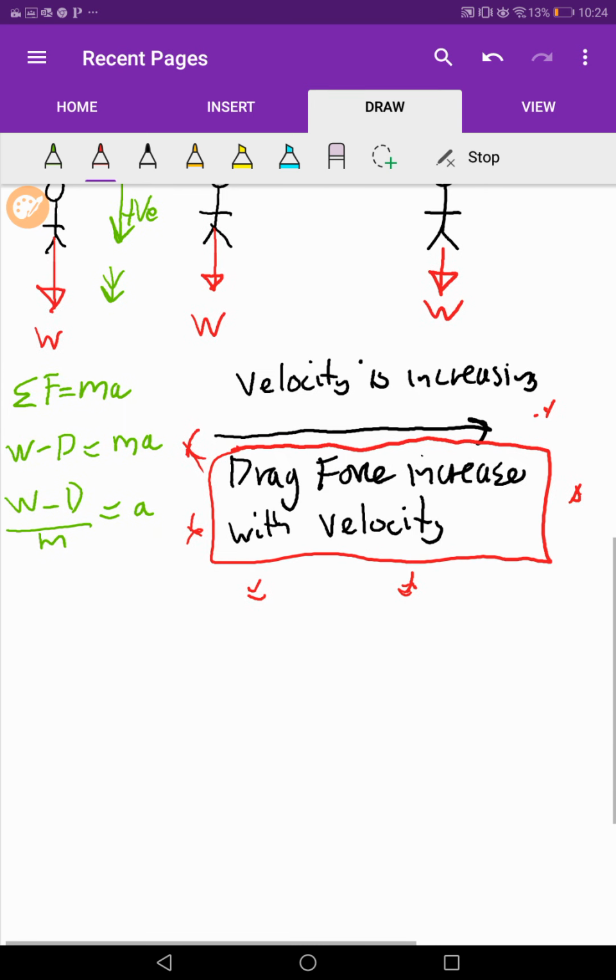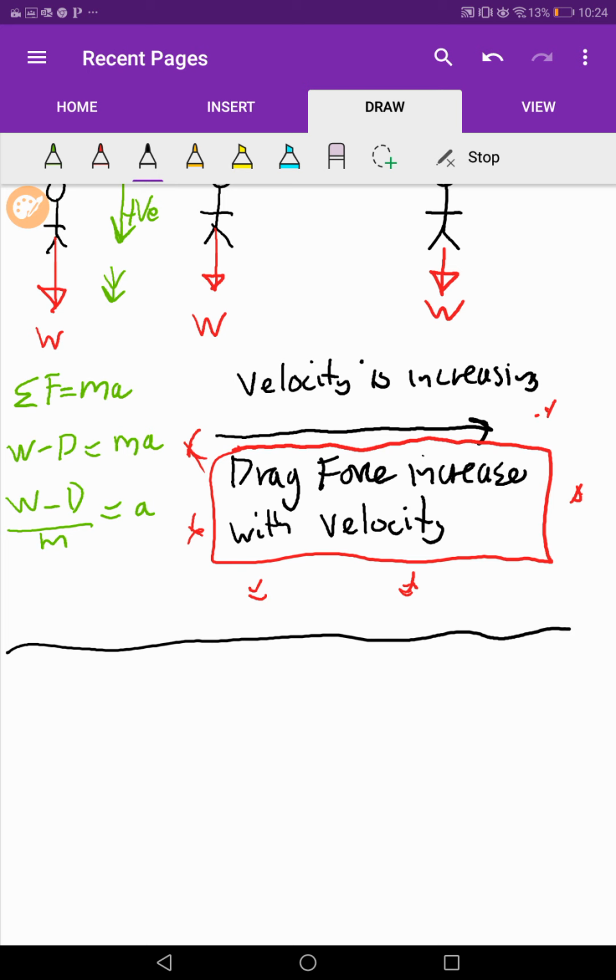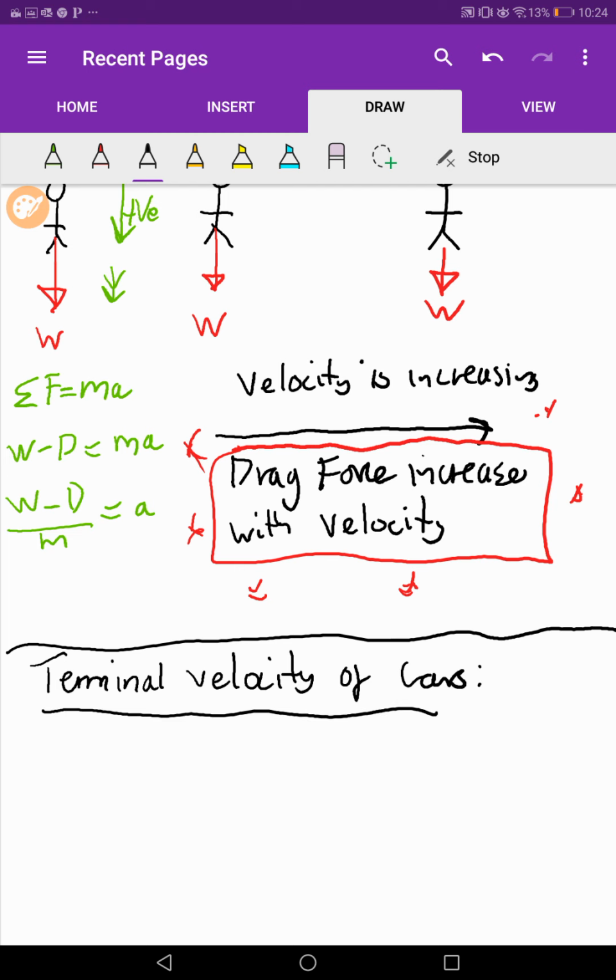So if we now look at powered vehicles, and we look at terminal velocity of cars, we've got cars with the same engine.